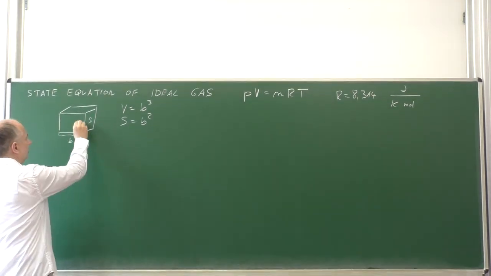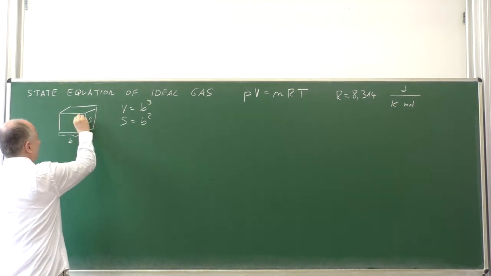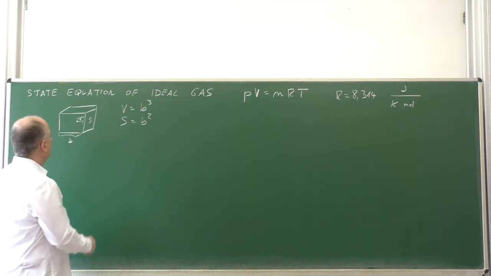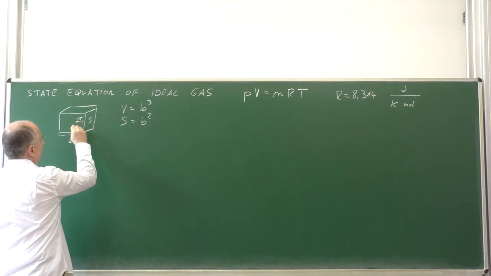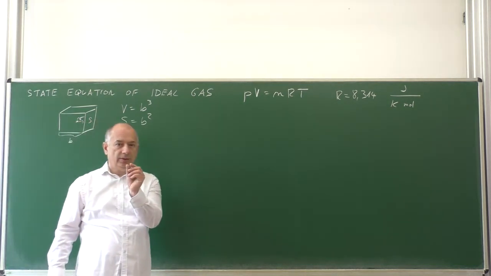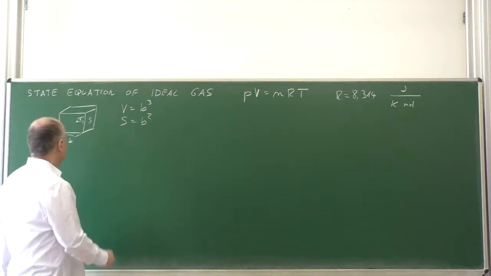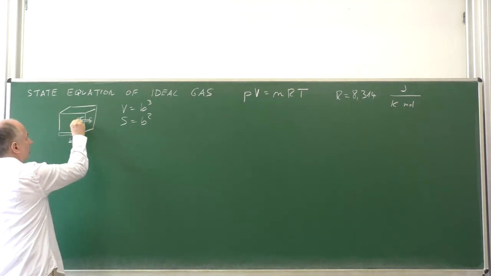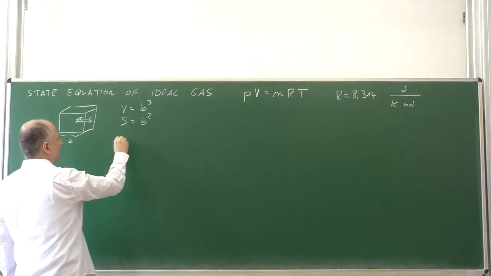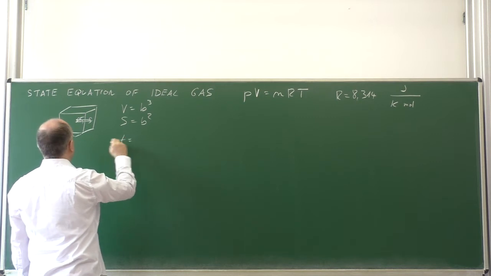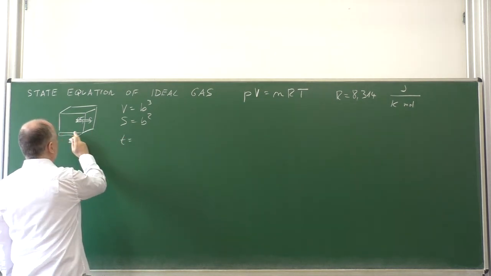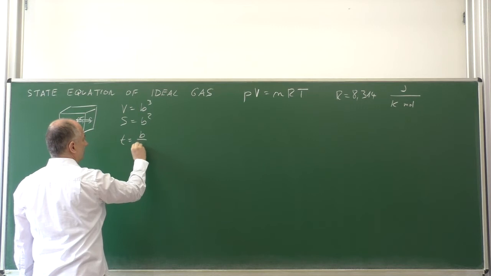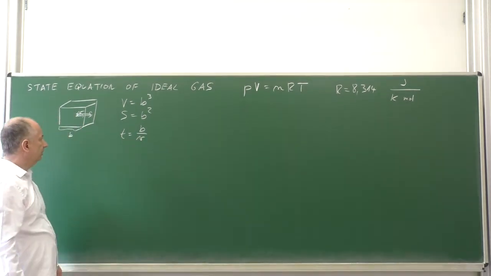If we have a molecule traveling with velocity v somewhere in the middle of the box, then it takes time t to bounce to the wall and go back, and this time will be b half to the right, b half to the left, so b divided by the velocity v.